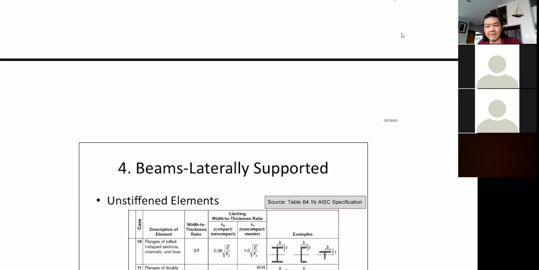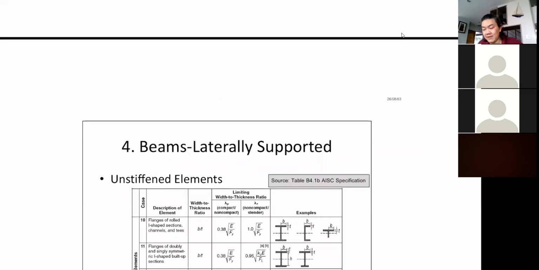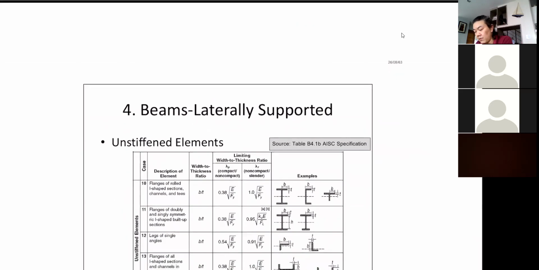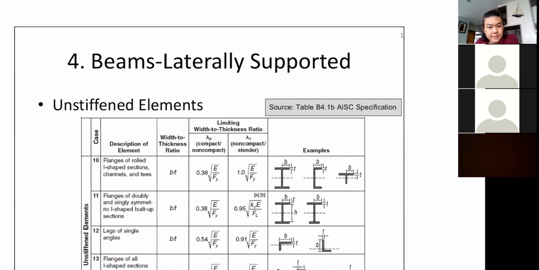Now, in a pretty similar fashion to when you check local buckling in a compression member, you now need to check local buckling in the flexural member as well. But you see that the limiting values are different because the stress is different. In compression members, you have uniform axial stress. Here you are going to have flexural stress.